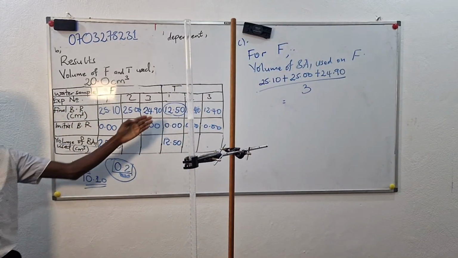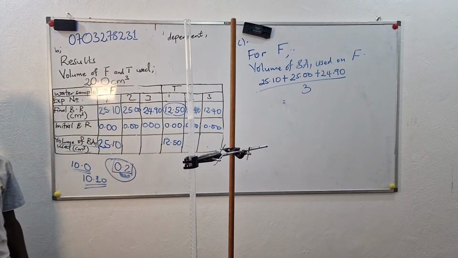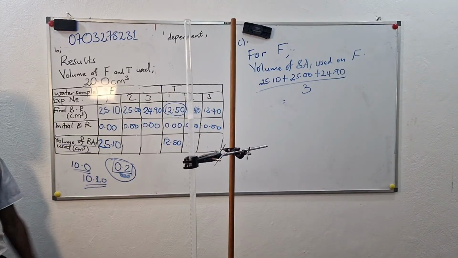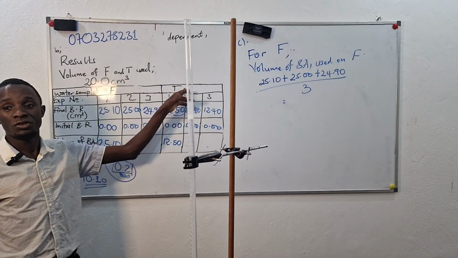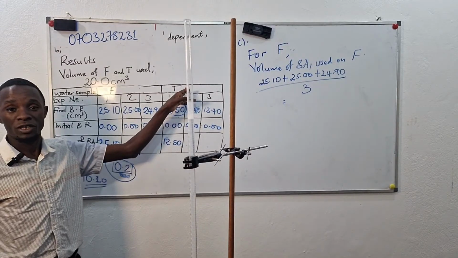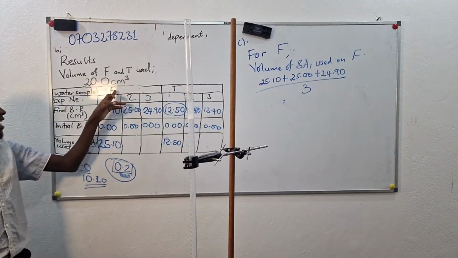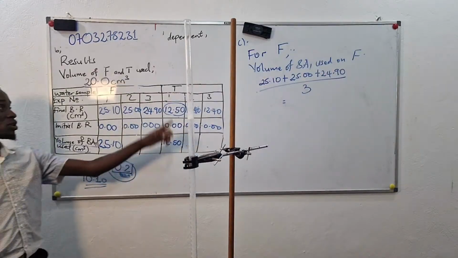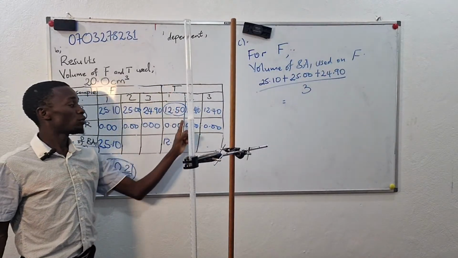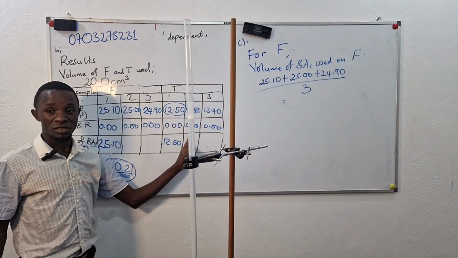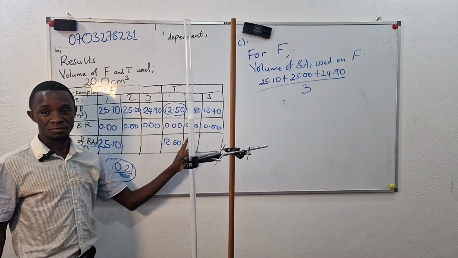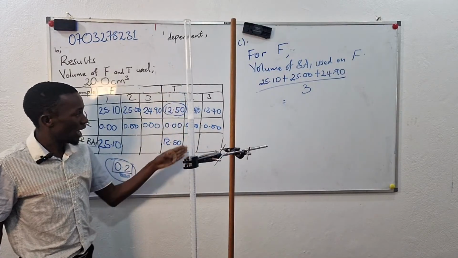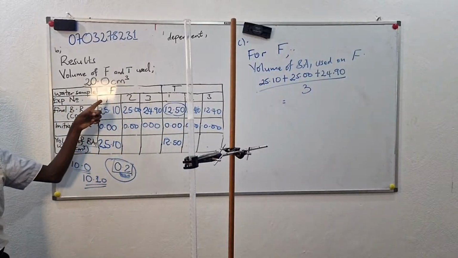Less of the soap is required to form lather with water sample T. So this means T is more effective for cleaning or washing than F. Why? Because of the less volume of the soap solution used to form lather. So this means this is more preferred for use than this.